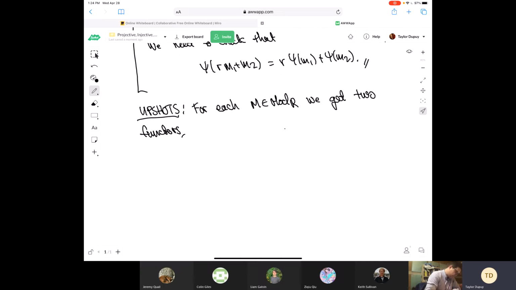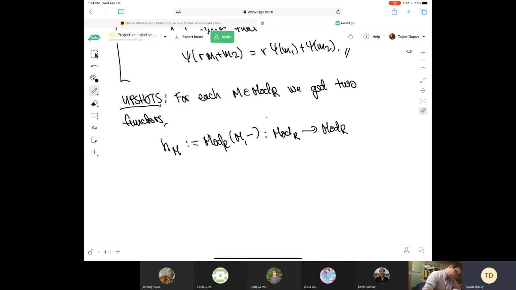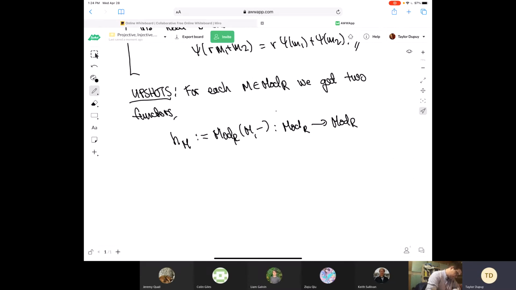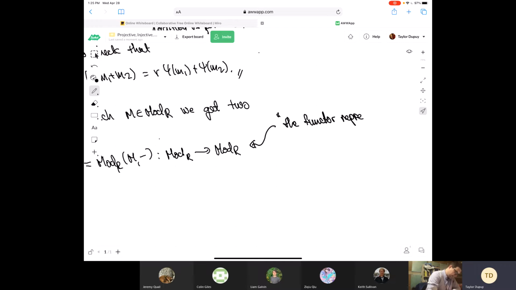We get the functor H subscript M. This is the functor represented by M. It goes from R modules to R modules.